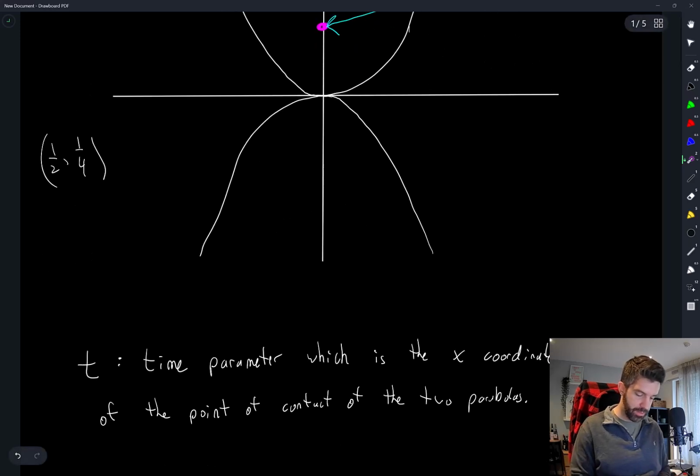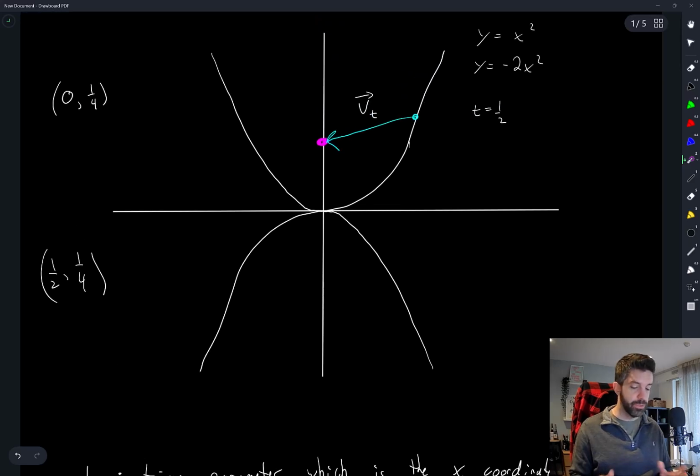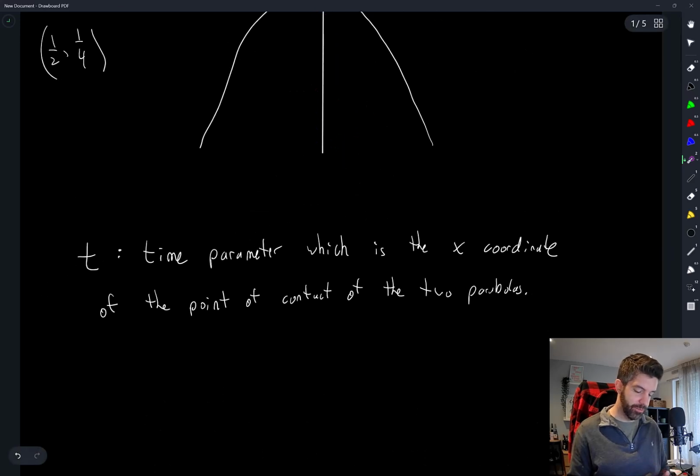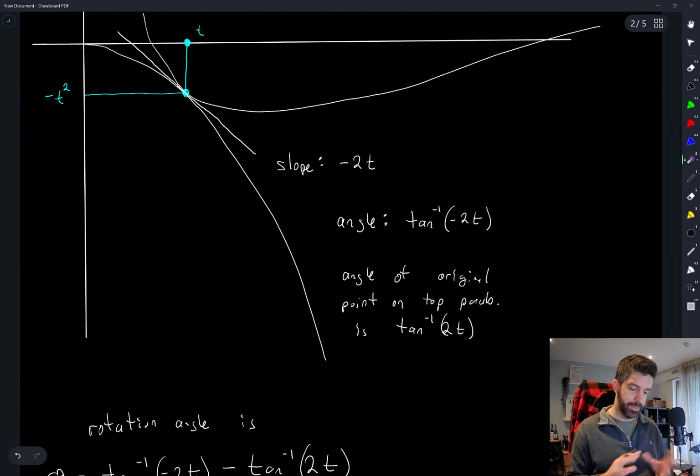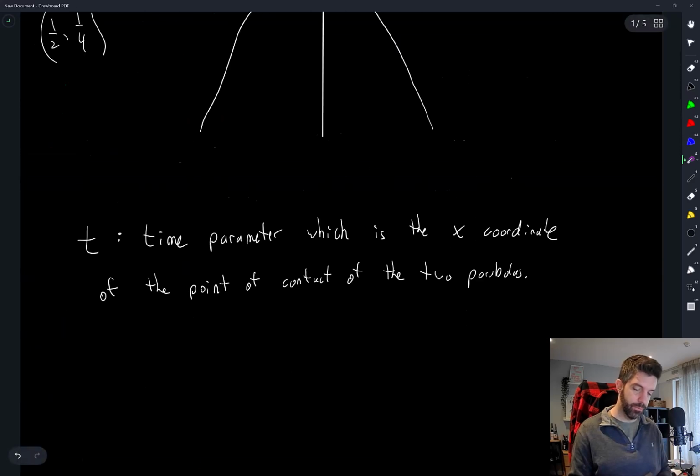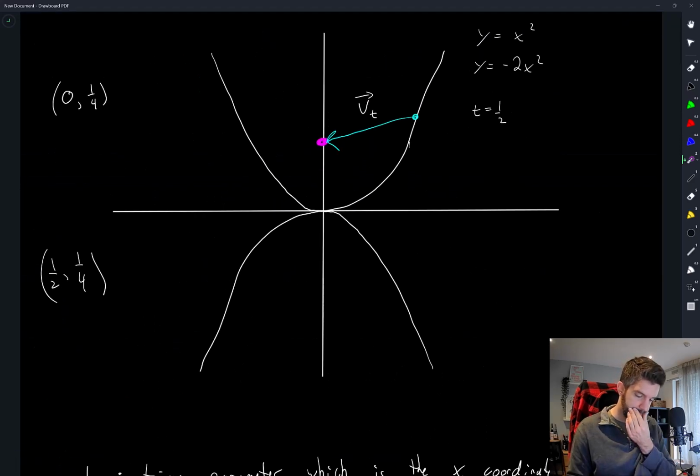It was arbitrary the way I chose this free parameter of the problem, but maybe you can do things differently where you choose the angle theta to be your parameter, but then you have to solve for the point of intersection as a function of theta. I feel like that would be very similar. You would just end up having a lot of inverse formulas for things. Yeah, but no, I thought it was a cool problem.